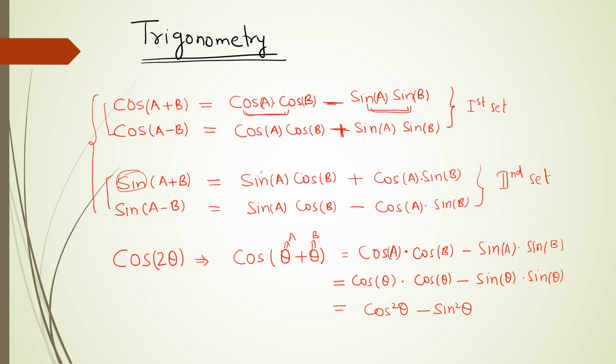Okay. So what we came to know here is that cos of 2 theta is nothing but cos square theta minus sin square theta.